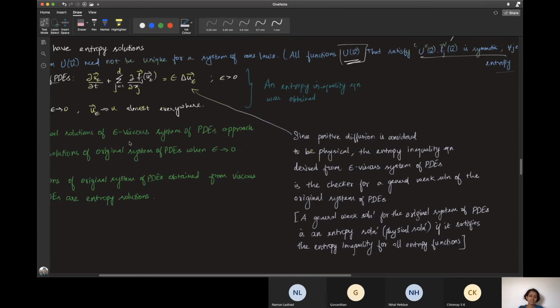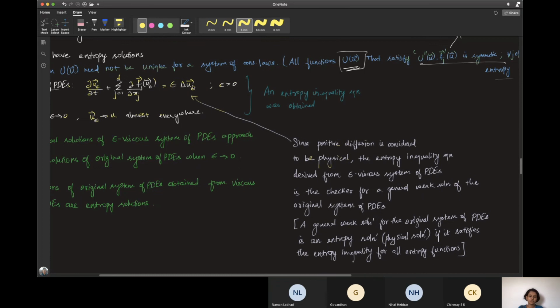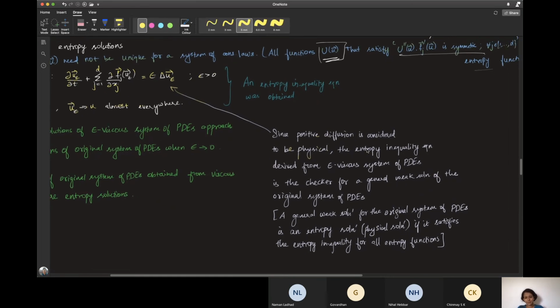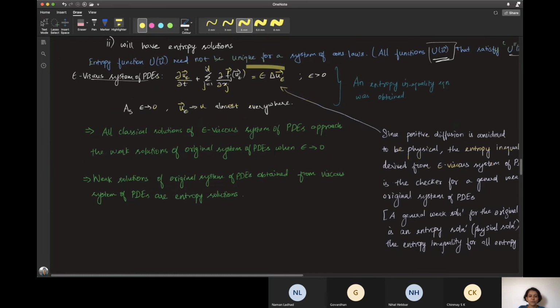In the physical world, things with a positive diffusion coefficient will have more diffusion, so that is considered physical. The entropy inequality equation derived from this epsilon viscous system of PDEs serves as a checker for the general weak solution.